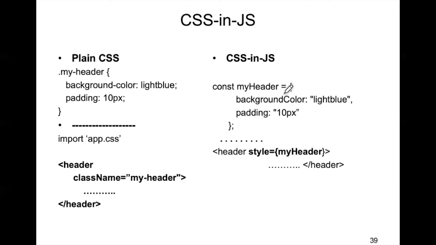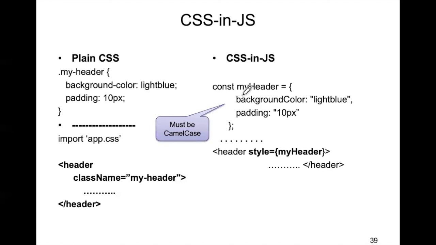Now, you can't write just any old attributes that you want inside this object. The attributes have to correspond to the equivalent attributes in the CSS world. But, and the but is important, you've got to use camel case for those attributes.